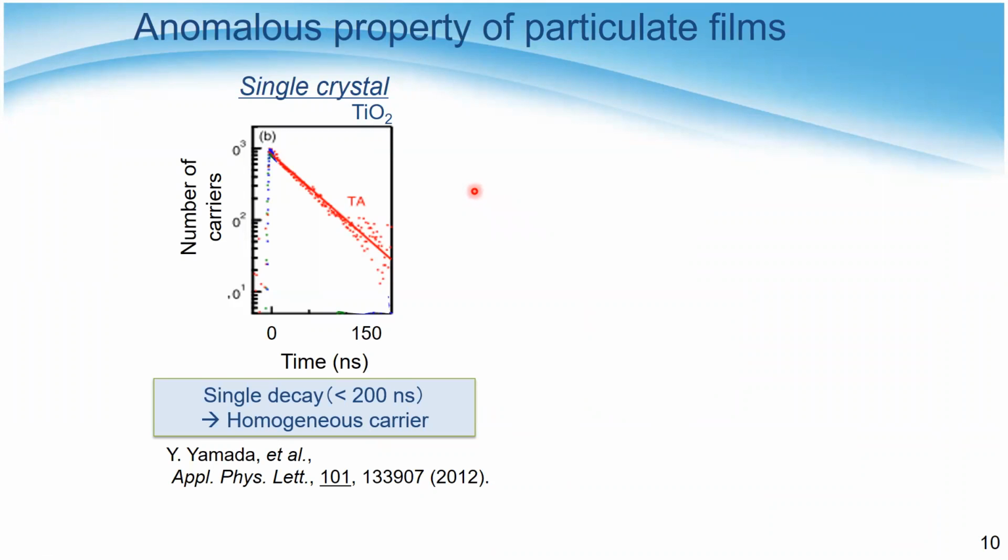So do they matter? Yes, because looking at single crystalline TiO2, the transient absorption response shows a single exponential decay, which indicates a homogeneous charge carrier decay.